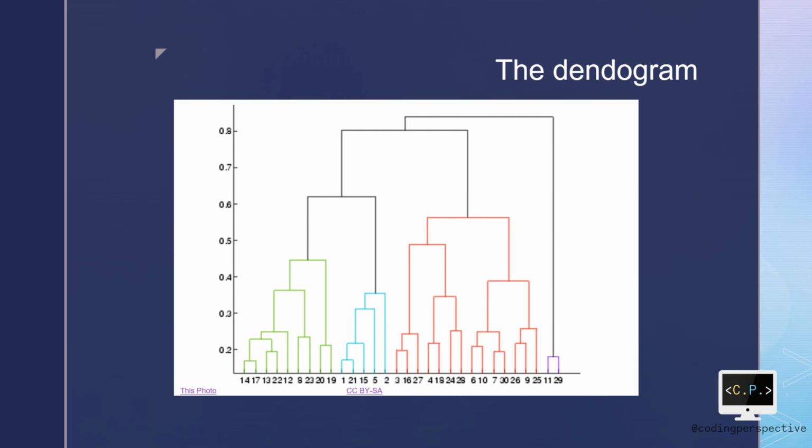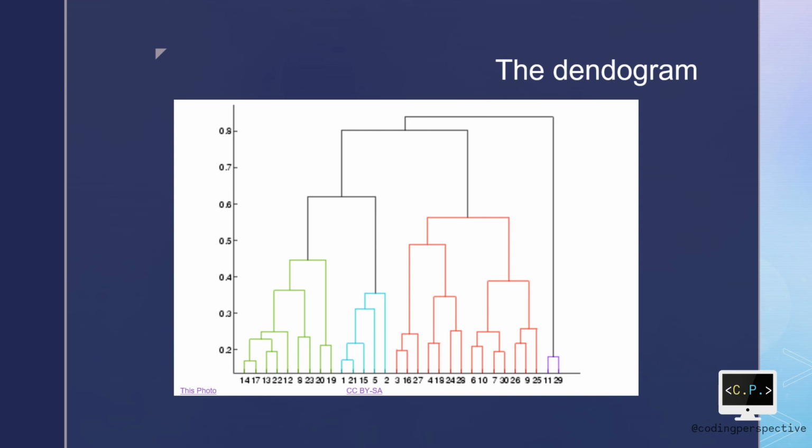In fact, this statement can be made more precise. For any two observations, we can look for the point in the tree where branches containing those two observations are first fused. The height of this fusion, as measured on the vertical axis, indicates how different the two observations are.